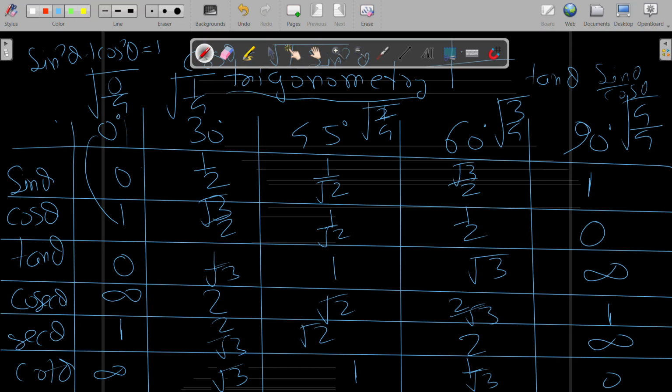Right? This is the general formal way of finding the values of standard angles in trigonometry.